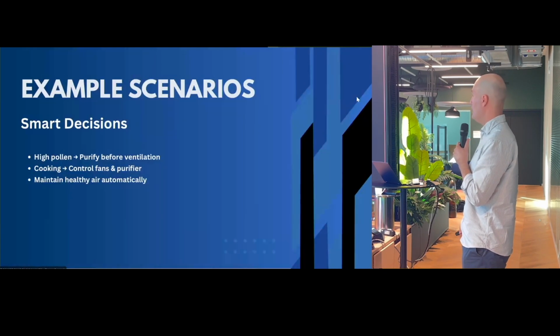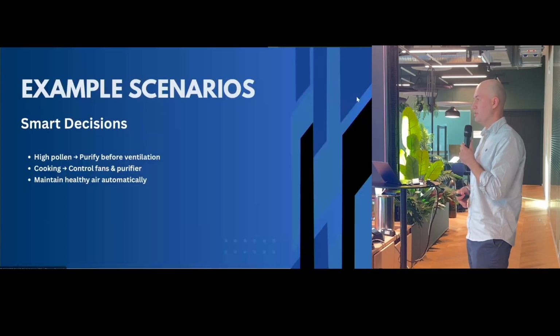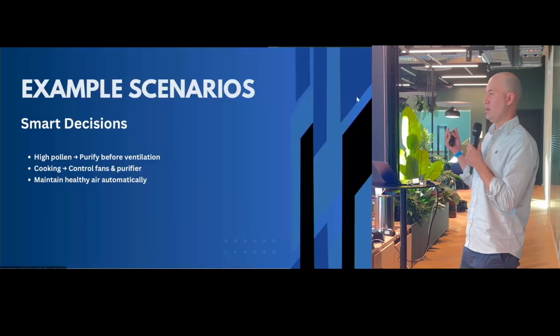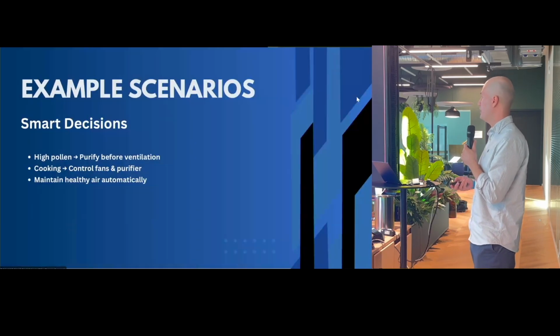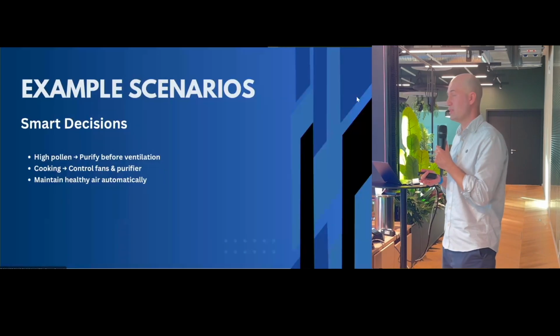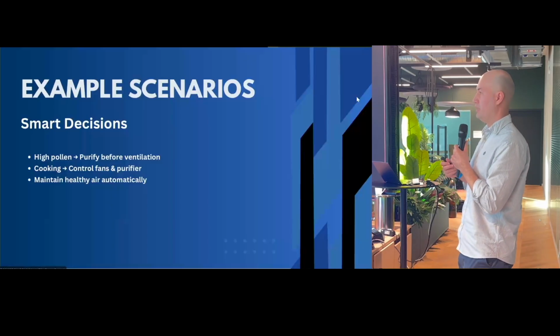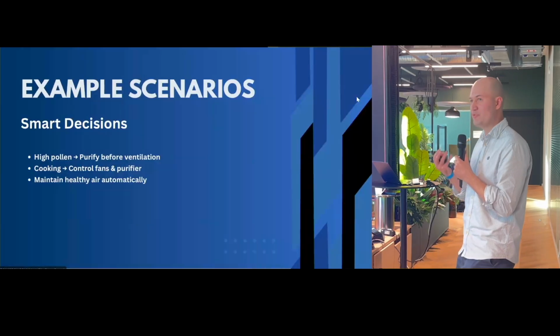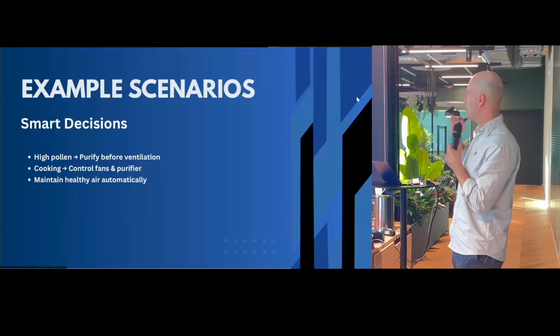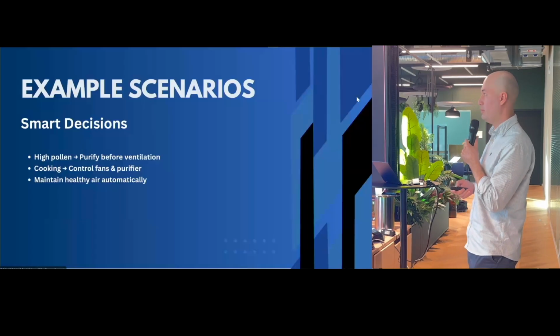For example, here are ways in which the system can act proactively. The system can track the outdoor weather conditions, and when it knows that it is a day with high pollen levels and there is a need to bring fresh air into the house, it can already start the purifier before the ventilation happens.